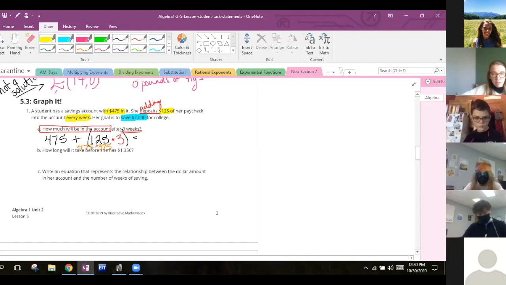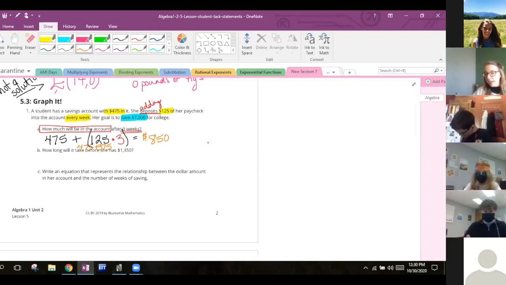375 plus 475 will give us $850. If y'all would like to go get a calculator from the back of my room, y'all can do that, or y'all can pull up the ones on your Chromebooks, or you can use your own calculator, not your phones.